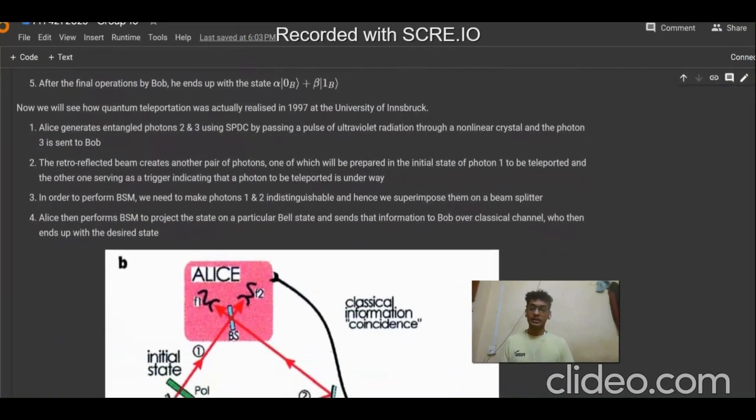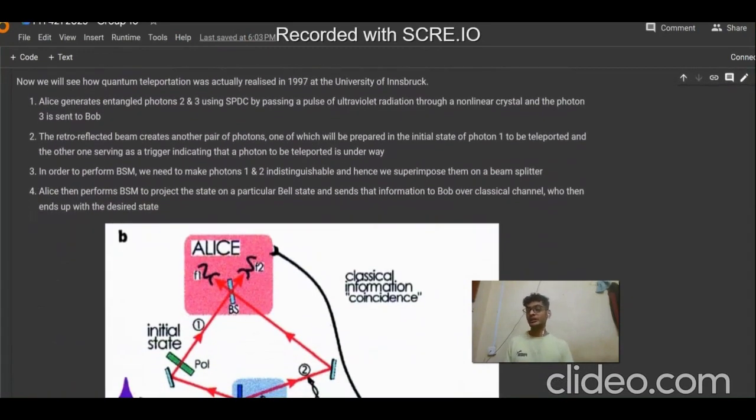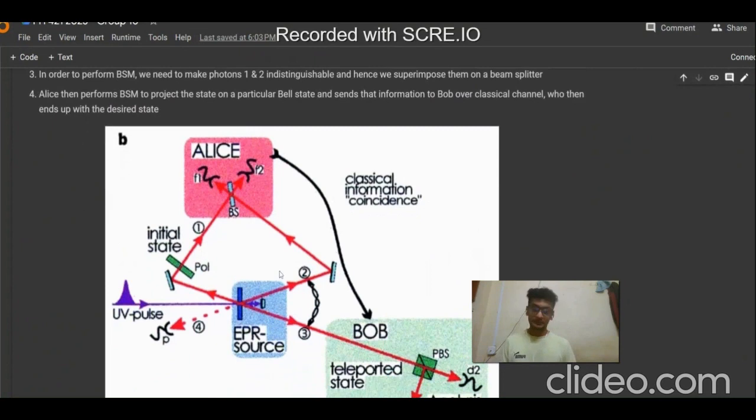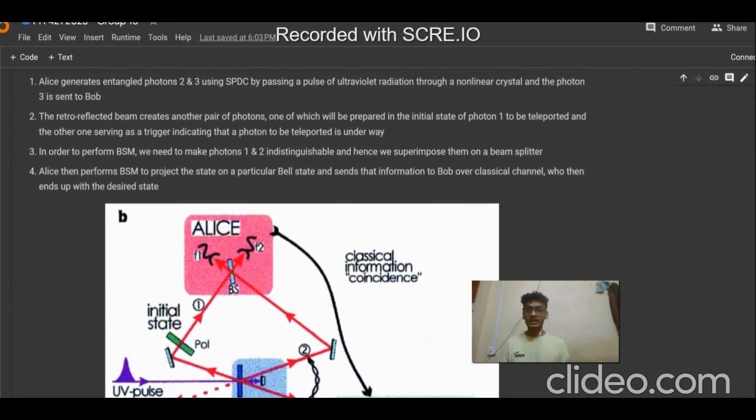Now, this was a theoretical protocol, but it was actually realized in 1997 at the University of Innsbruck. They basically used an ultraviolet radiation pulse, and they passed it through a nonlinear crystal. A nonlinear crystal is necessary because SPDC is a nonlinear process, and it creates the entangled photons 2 and 3.